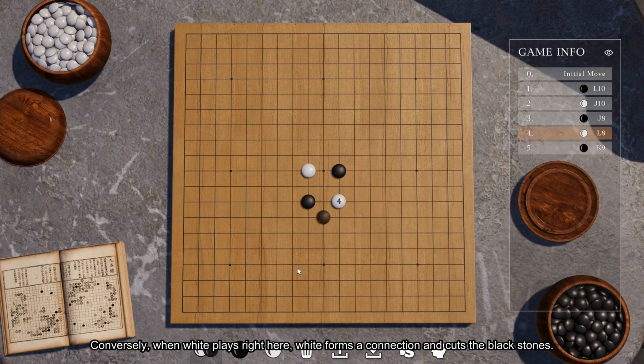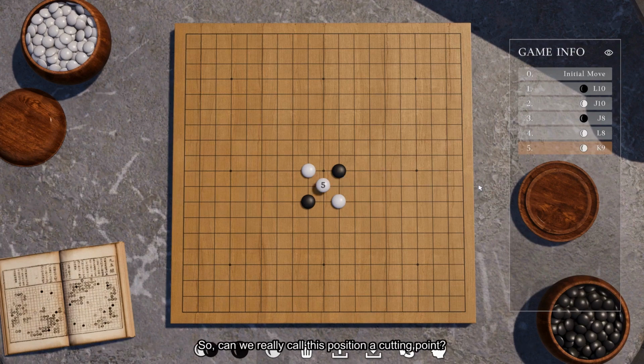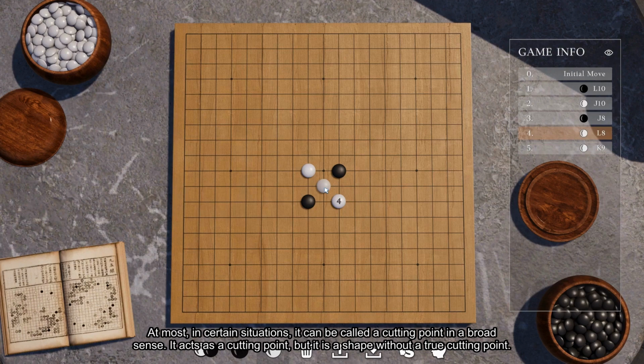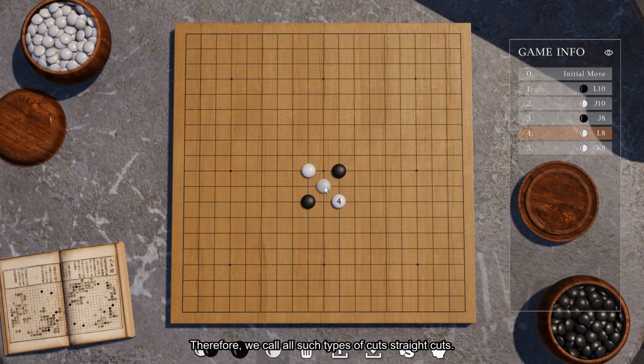Conversely, when white plays right here, white forms a connection and cuts the black stones. So, can we really call this position a cutting point? At most, in certain situations, it can be called a cutting point in a broad sense. It acts as a cutting point, but it is a shape without a true cutting point. Therefore, we call all such types of cuts straight cuts.